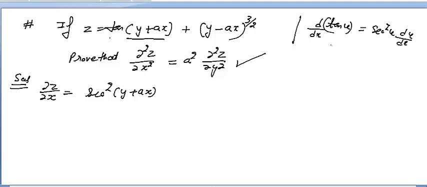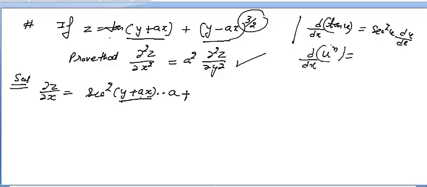So when you find the derivative of y plus ax with respect to x, y is constant, derivative is 0, derivative of ax is a, because derivative of x is 1. This is the multiplication. Plus, now u raised to power n: its derivative is n times u raised to power n minus 1, and derivative of u again.